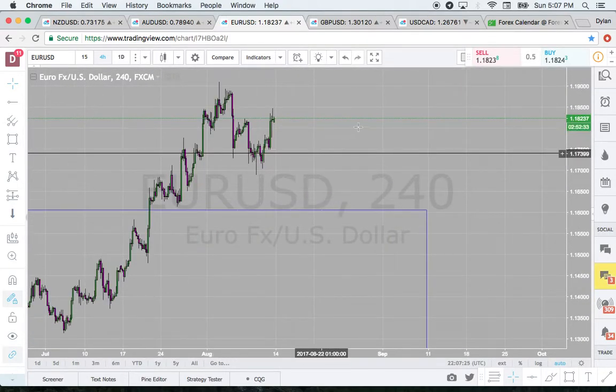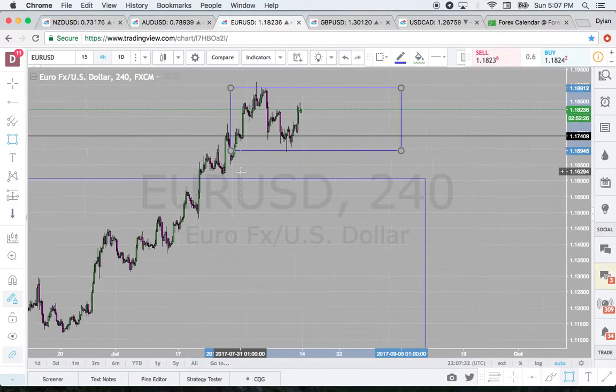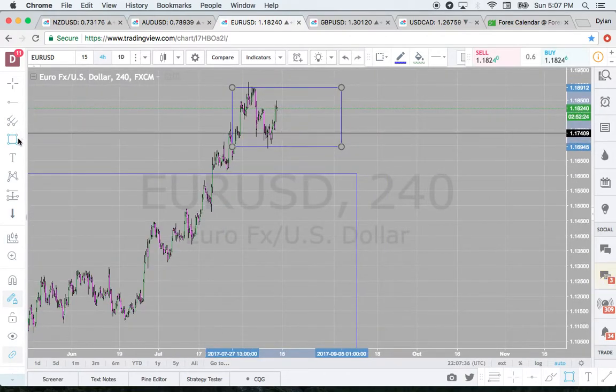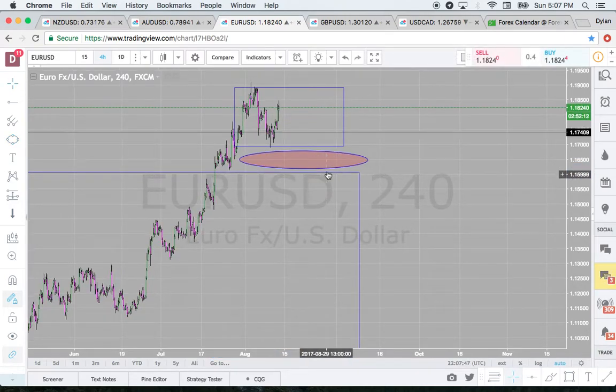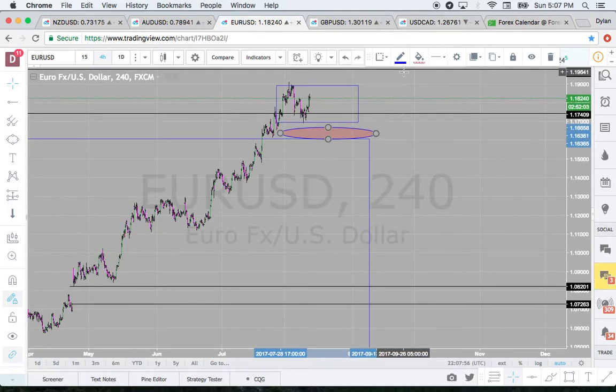Now, currently price is in a bit of a zone right here, a micro zone. We could see price come down into this area, and then bounce from here, from the 1.65 area, bounce all the way up to the 1.2.